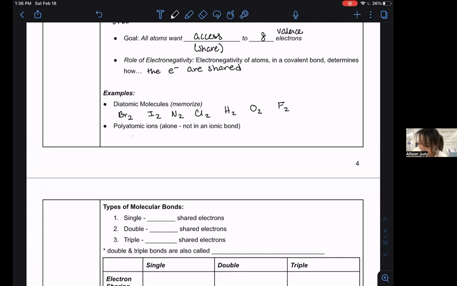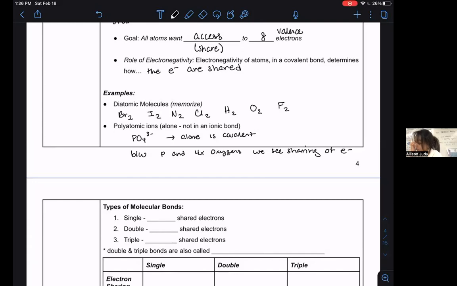So for example, PO4 3 minus alone is covalent. As long as we don't put it in with another ion, if it's just free floating alone, it's an example of a covalent molecule where between the phosphorus and the 4 oxygens, we see sharing of electrons.